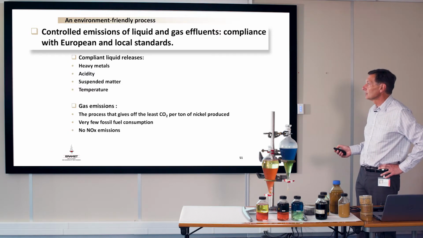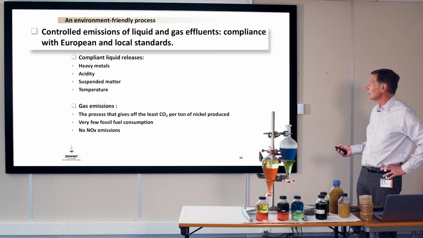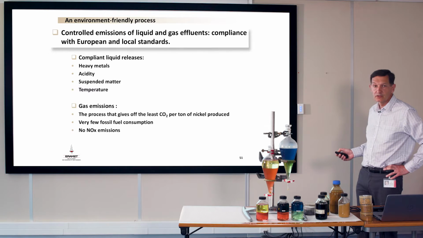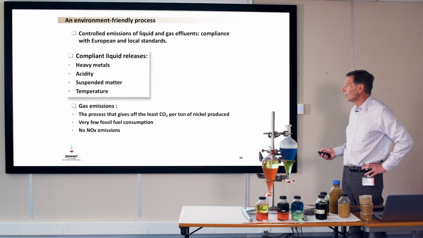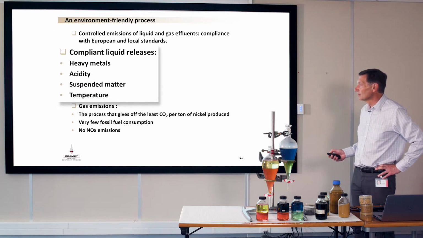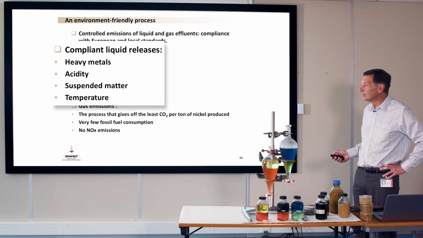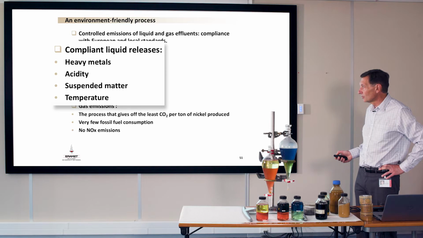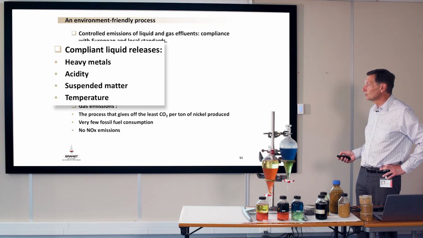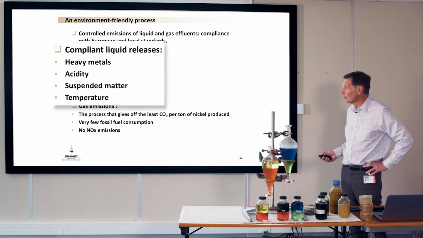And all that has to be compliant with European standards and with local standards. On the liquid, you have to look at the heavy metals contained in the liquid, the acidity, the suspended matter, and the temperature of the liquid.